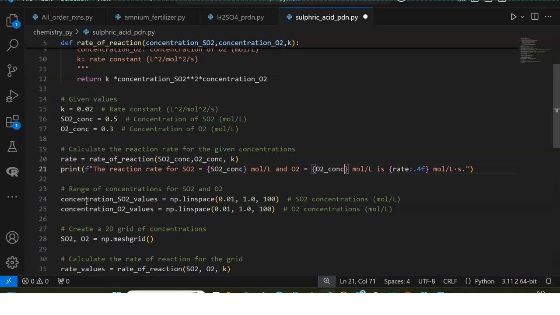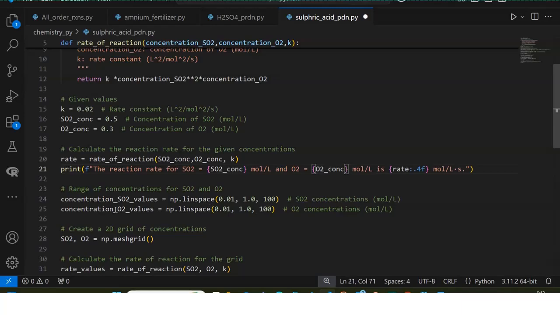We continue and look at the range of concentrations. We are going to create an array using the linspace function from the NumPy library. They are going to be 100 data points, starting from 0.01 to 100, for the concentration of oxygen as well.